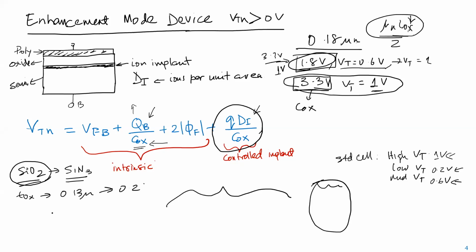For example, for any technology I choose, usually I'm given two flavors of devices, right? The IO devices and the logic devices. If I choose 90 nanometer, they will give me logic devices, which are, I think, 0.9 volt devices with a VT of maybe 0.3 or even 0.2.